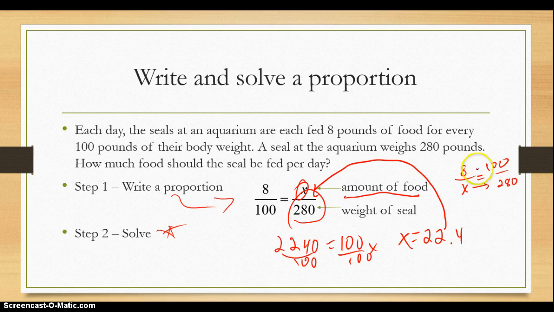So crossways, they go together as well. If you cross multiply on this one, you get the same answer. So you can set it up a couple of different ways. Just make sure your answer in the end makes sense. Ask the question again, what they want to know, and make sure it makes sense.